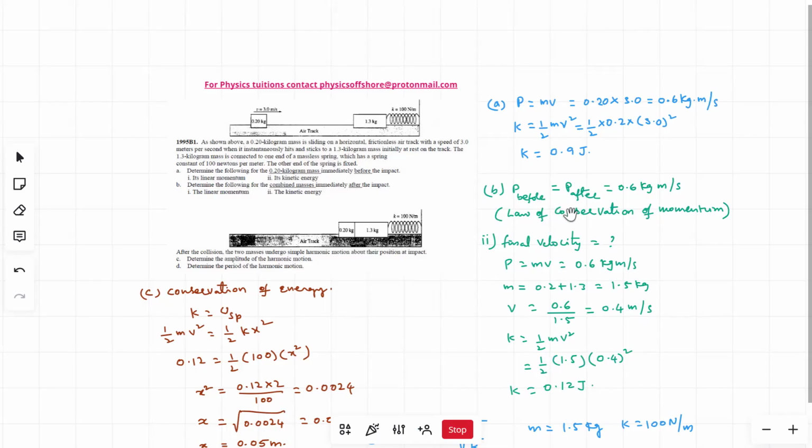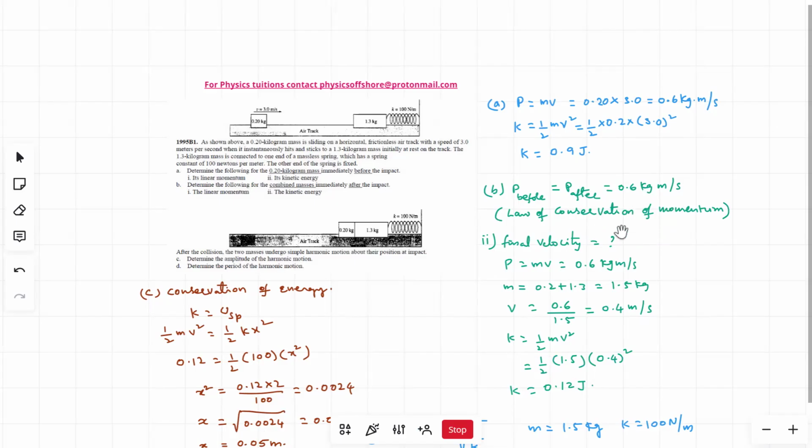To find the momentum, we need the velocity, so using the law of conservation of momentum, we will find the velocity of both the blocks. According to the law of conservation of momentum, the momentum before collision is equal to the momentum after collision. We already found the momentum before collision, 0.6 kilogram meter per second, and it is the same after the collision also.